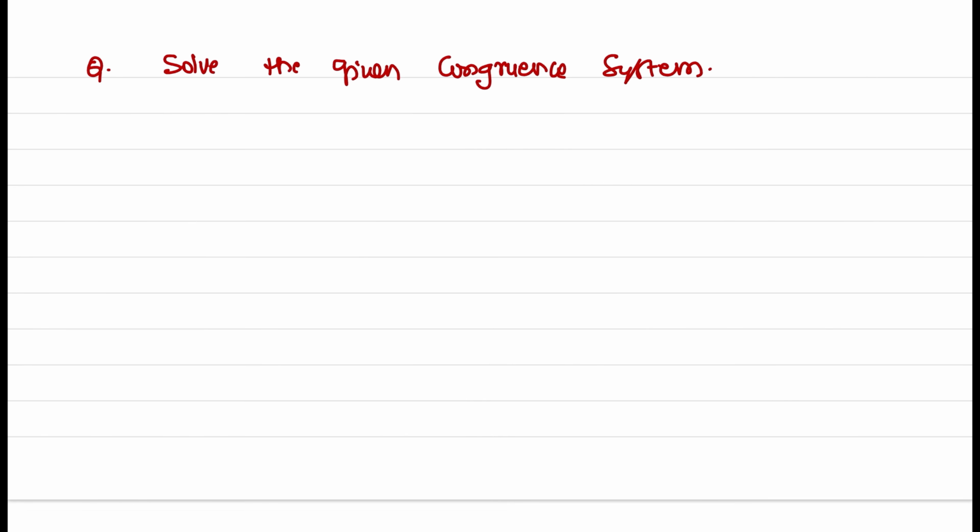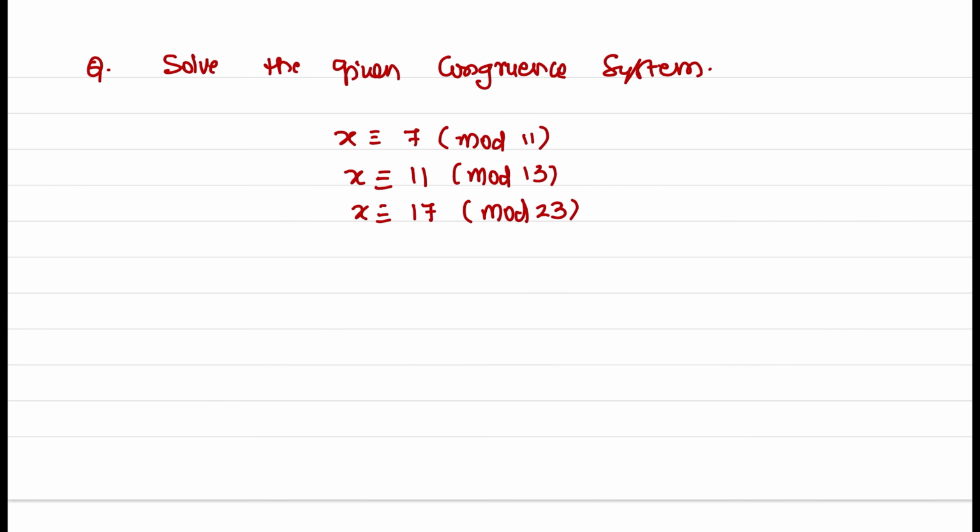What is the system of congruence given? x equivalent to 7 mod 11, x equivalent to 11 mod 13, x equivalent to 17 mod 23. Let's go for the solution.